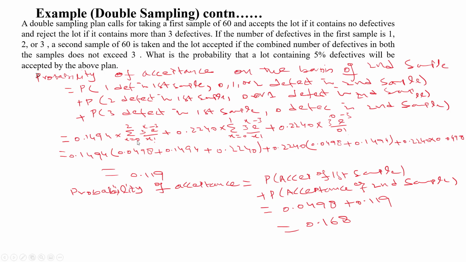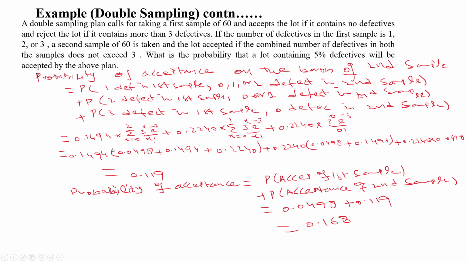So for 0 we put 3 power 0 e power minus 3 over 0 factorial, plus, summation meaning sum of all these, when it is 1, 3 power 1 e power minus 3 over 1 factorial, plus 3 power 2 e power minus 3 over 2 factorial. I have already calculated these things: this is for the 0, this is for the 1, this is for the 2.